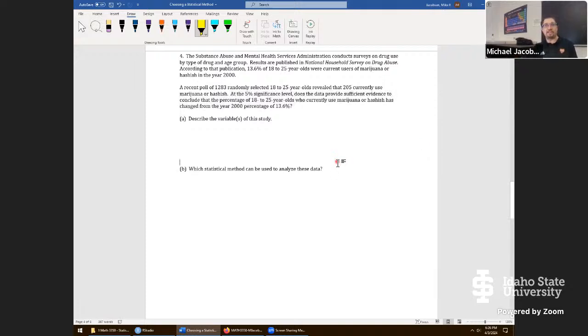And I think this one's kind of tricky to look at, but taking a look at the data again, there's where the sample is, the 1,283 randomly selected 18 to 25-year-olds. They said 205 of them currently use marijuana or hashish. So that means that's one category. That sounds like successes.